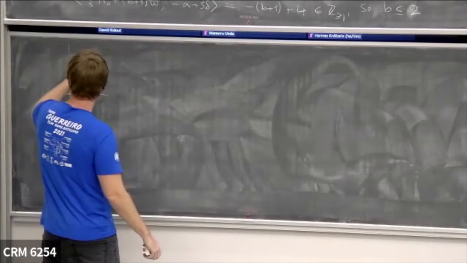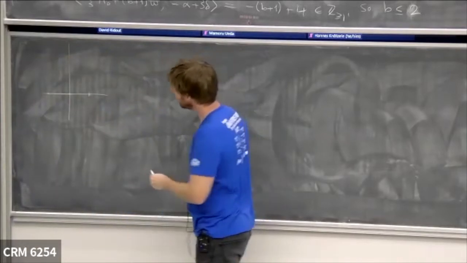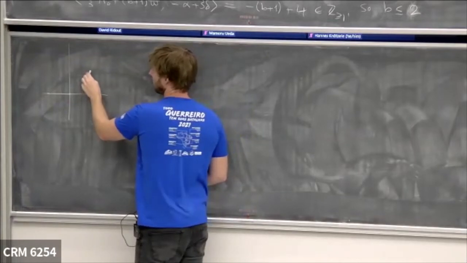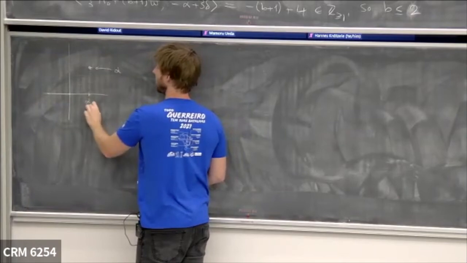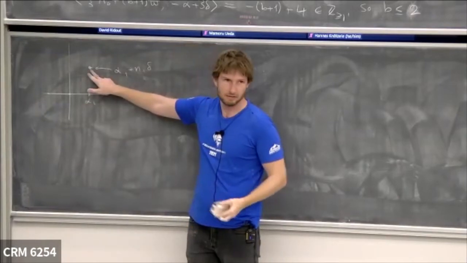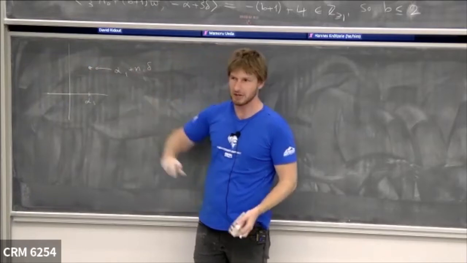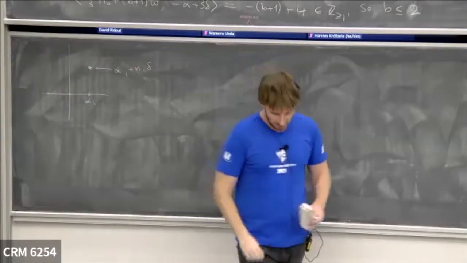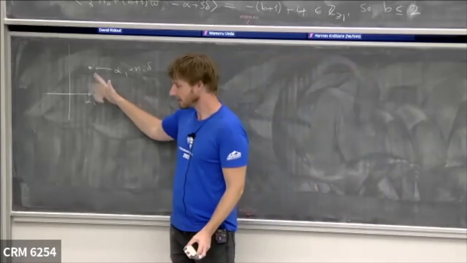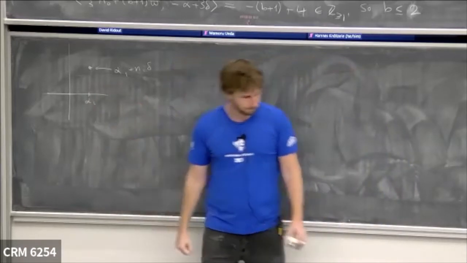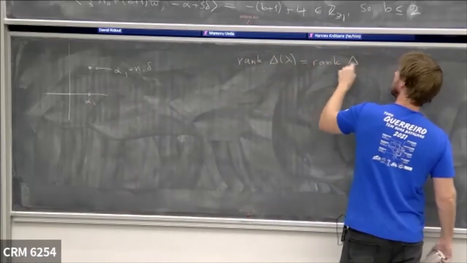Like I say, over each simple root, if you keep going up, eventually you'll hit something. So here alpha I, eventually you'll hit something which is in the integral root system. Why? Because that's one of the axioms of admissible weight, which is that the rank of delta lambda has to be the rank of delta.